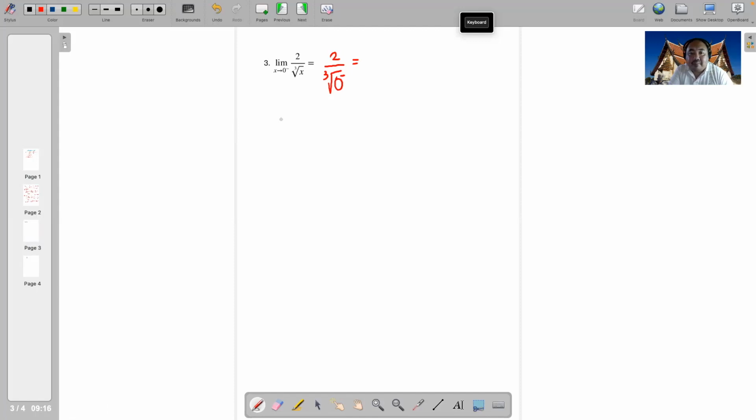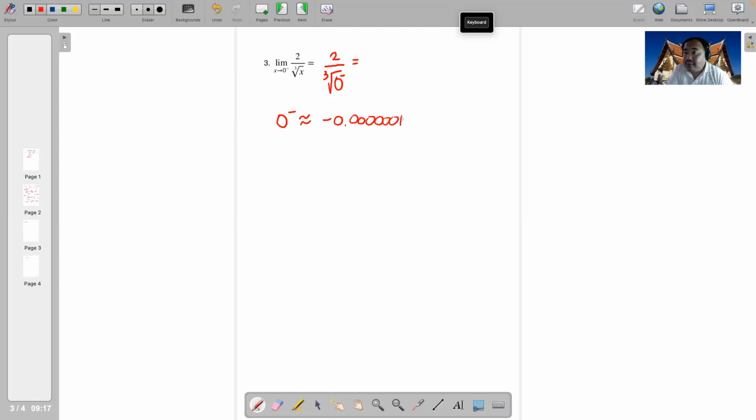Okay, then put a face to this number. Let 0 minus be negative 0.00000001. It's a negative number. If you take the cube root of a negative number, you still get a negative number. Diba?